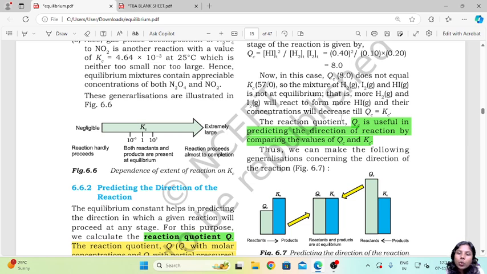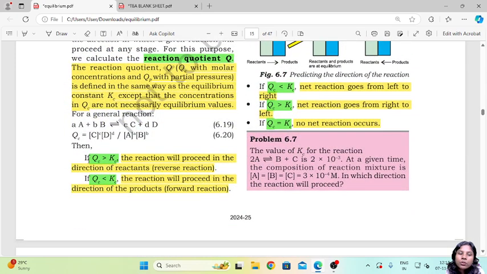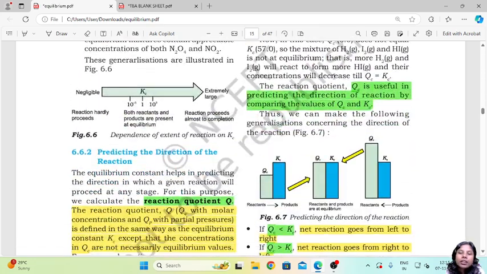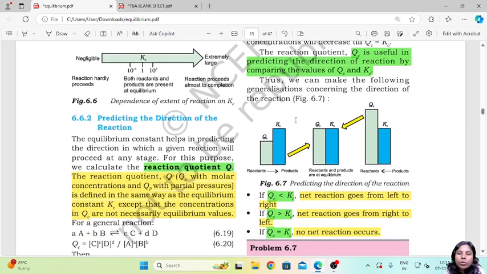Now the reaction quotient Qc is useful for predicting the direction of a reaction by comparing the values of Qc and Kc. Based on that comparison, we are able to make a general prediction of the direction in which the reaction is going to proceed.